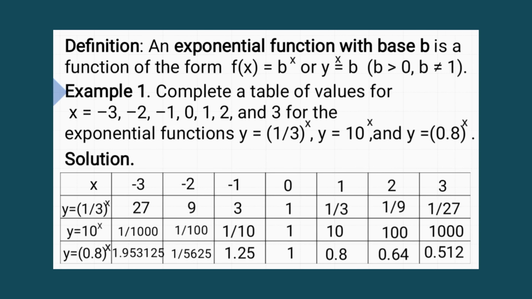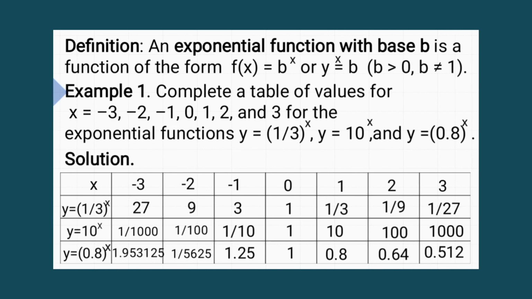Now we have the first function, y = (1/3)^x. This is exponential because 1/3 is greater than 0 and our base is not equal to 1. So y = (1/3)^x is an exponential function.